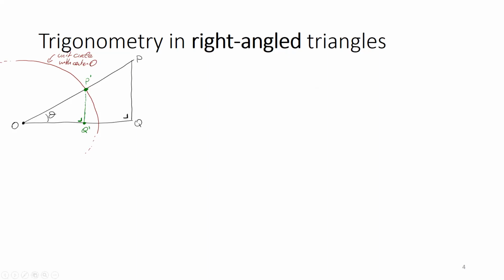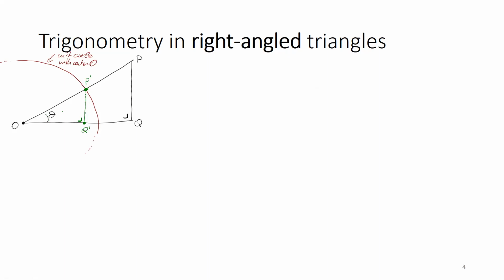And so why do I do all of these things? Well, what I want to do ultimately is relate the length of the sides, OP, OQ, and PQ, with some trigonometric expression involving theta. So now that we have this smaller triangle, let's say something about sine and cosine of theta.